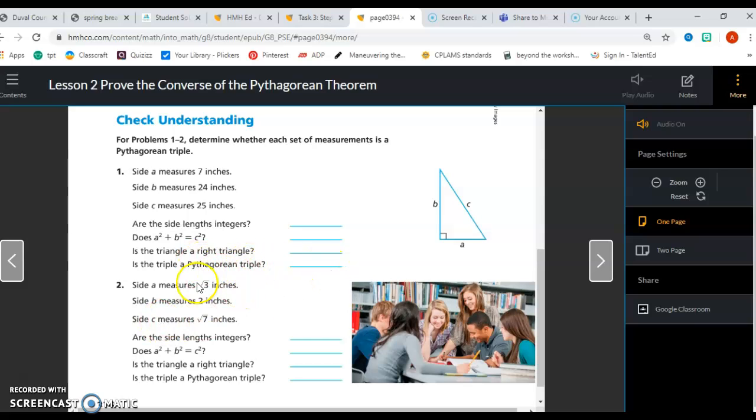Just remember that when you are given the radical sign as a measurement, if you square that radical sign, it basically takes it away. It cancels each other out. So you would have just the measurement of 3 and the measurement of 7.